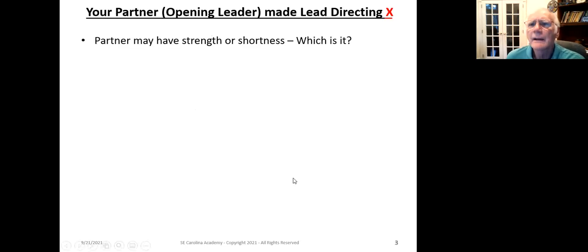Let's look at the situation where your partner made a lead directing double, and we'll just include within that category also a lightning double, although I'm not going to discuss that as it's the subject of another lesson. And in this situation, when your partner makes a lead directing double in a suit contract versus a no trump contract, it indicates that they could have strength or they could have shortness.